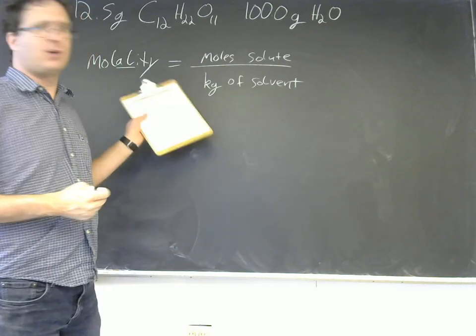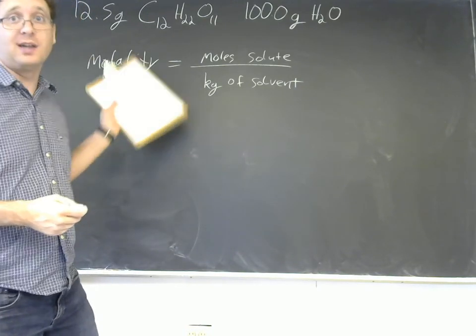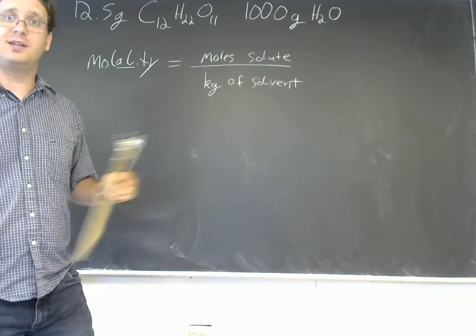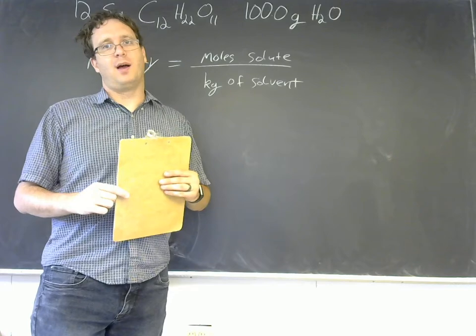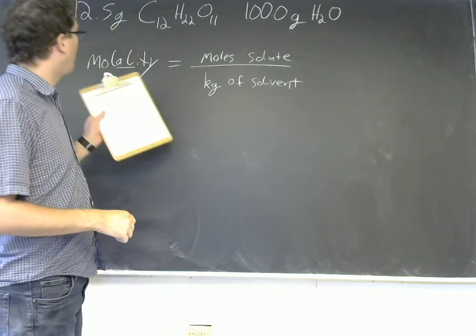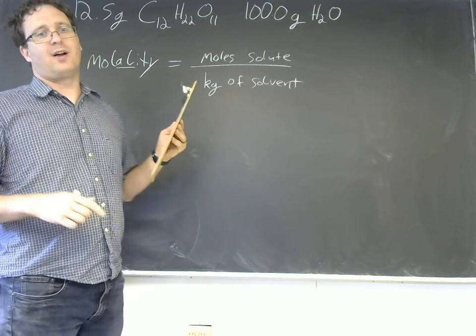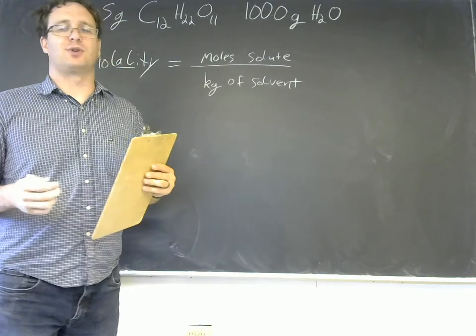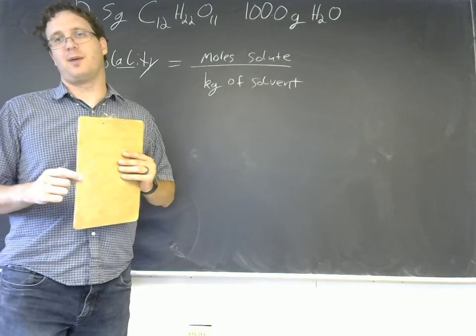And then we'll actually see in the next section where we'll use molality in some equations. So molality is a little bit strange at first, but a very important type of concentration unit. And I will point out that molality gets even more complicated when you have electrolyte solutions that will produce cations and anions, and we'll deal with those in an upcoming section as well.